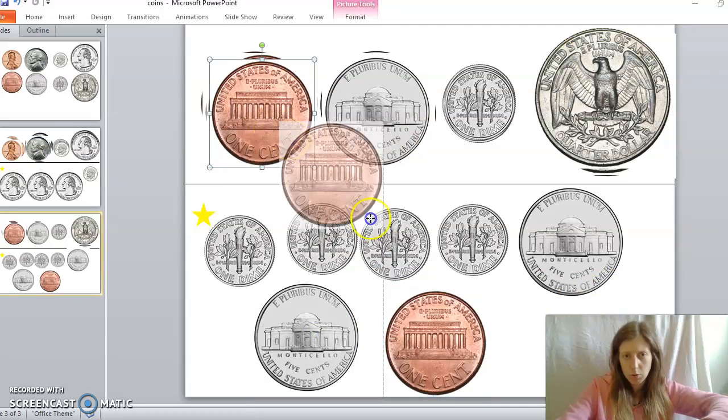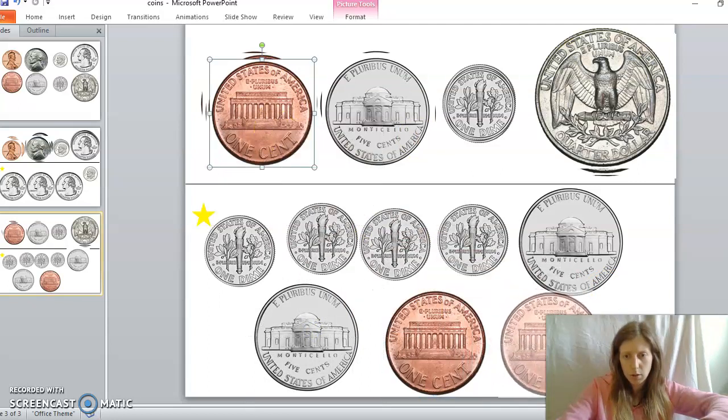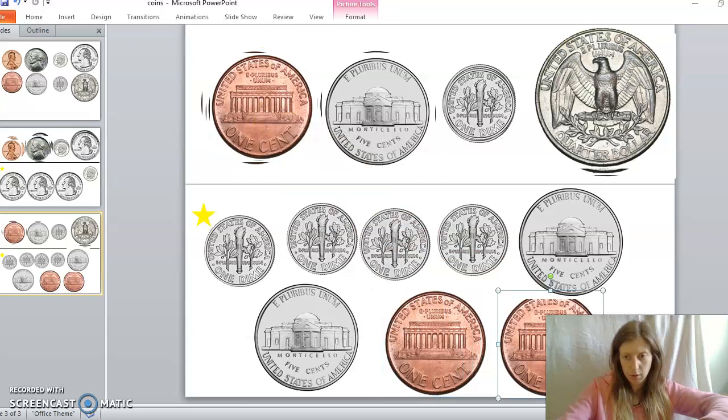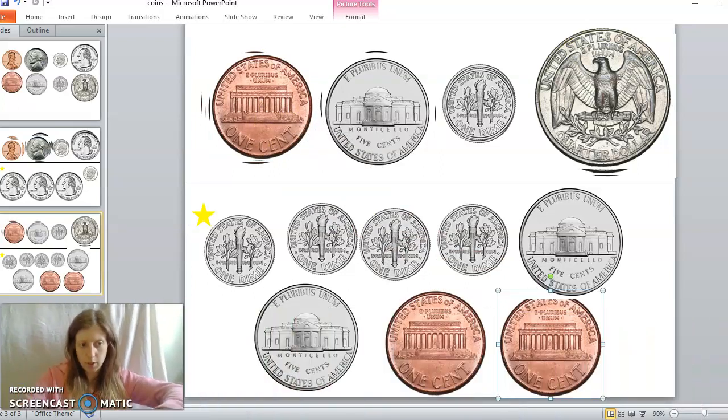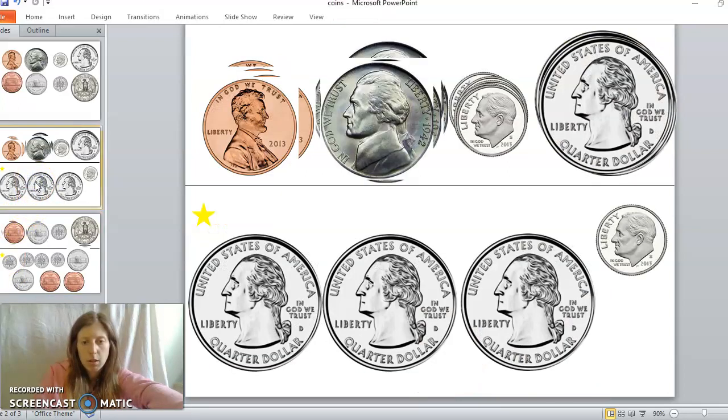Let's do this. Just be careful because there are 2 pennies there. I'll move this over here quick. Okay. So do this one. Again, if you have to, pause your screen. And try this one.